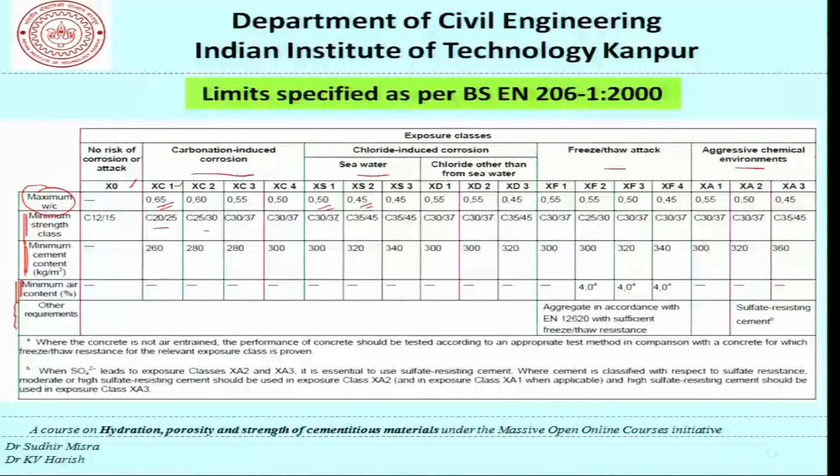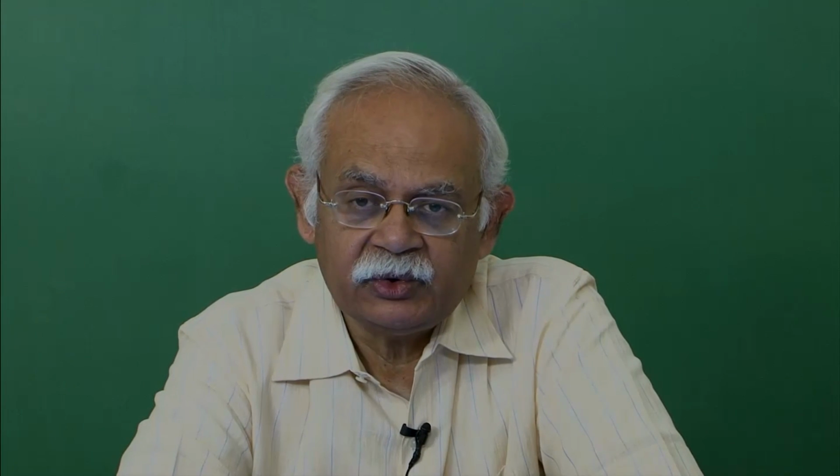I would like to point out that when we talk in terms of strength classifications and we try to compare the strength requirements across different codes, we must keep in mind that different codes will specify the characteristic strength of concrete in terms of the kind of specimen that they use, and that is something which is very important and relevant, because the strength of concrete determined using a cube specimen and a cylindrical specimen is not really the same.